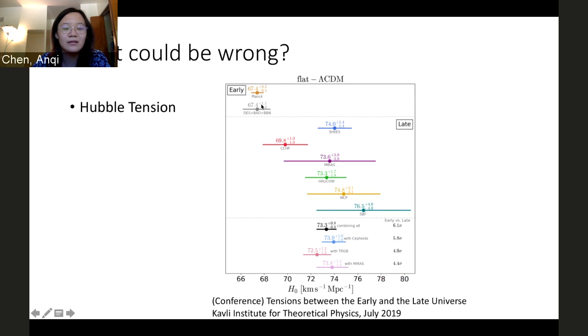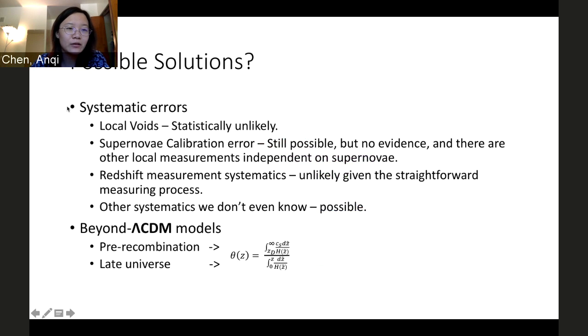All of these early-time measurements are consistent and consistently give a lower Hubble constant. And we'll ask, what's the solution to this? 4 to 5 sigma is not something you could just ignore currently.